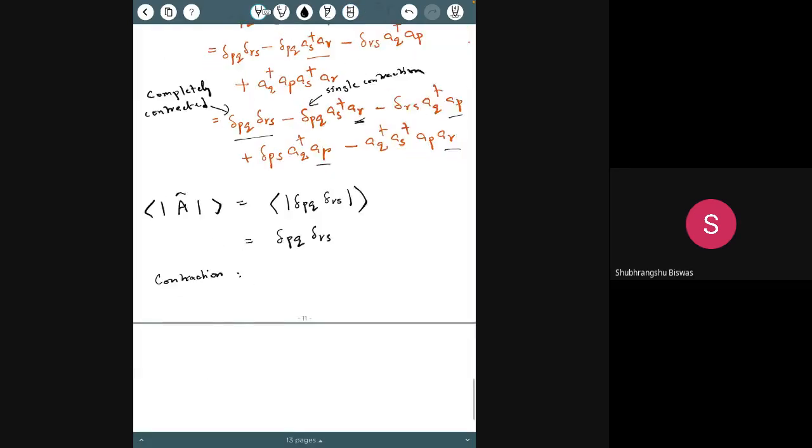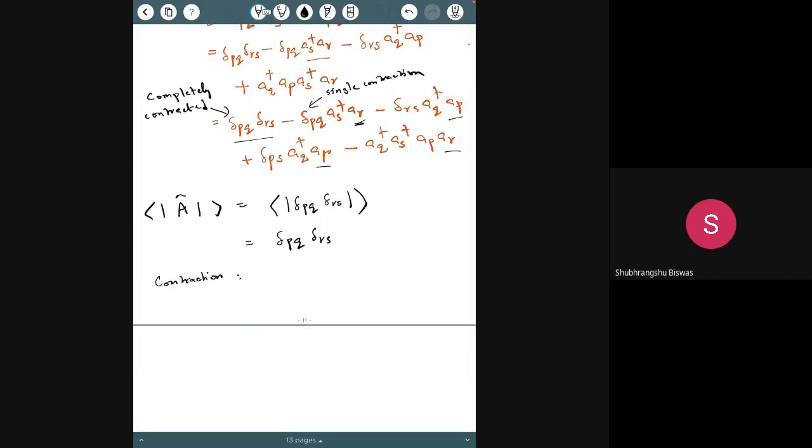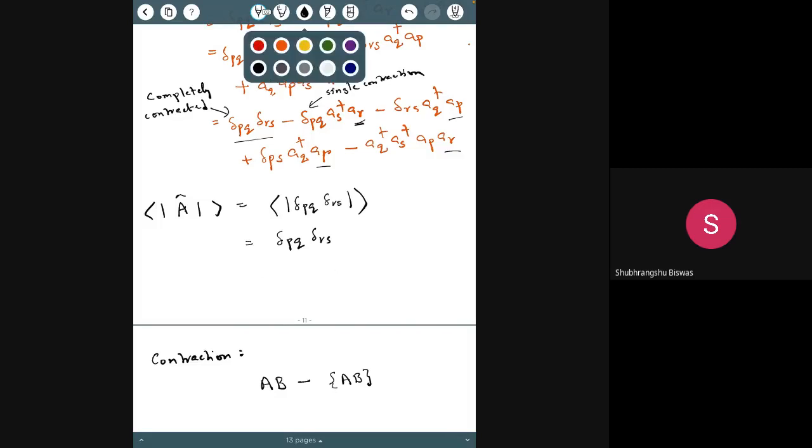But there is of course a formal definition. A contraction is said to be the difference between the original string and the normal ordered string. I should also introduce the notation. A normal ordered string is denoted by a bracket.